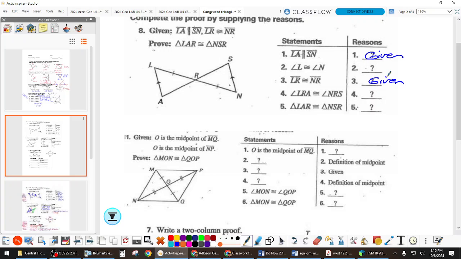So, without looking at their logic, can you prove these two triangles are congruent on your own? Here's what I want you to get in the habit of doing. So everybody do this with me. Let's make our list and use it as a checklist, or more of like a check-off list.